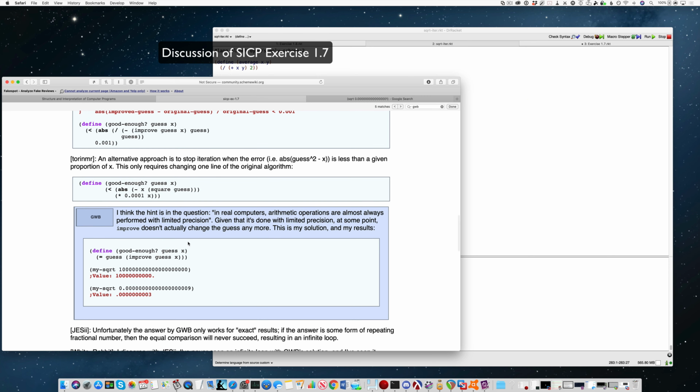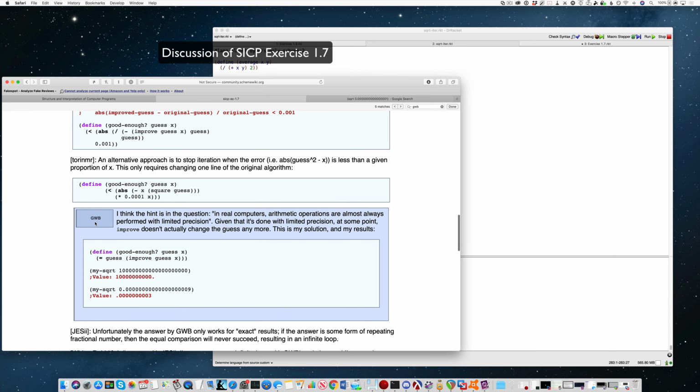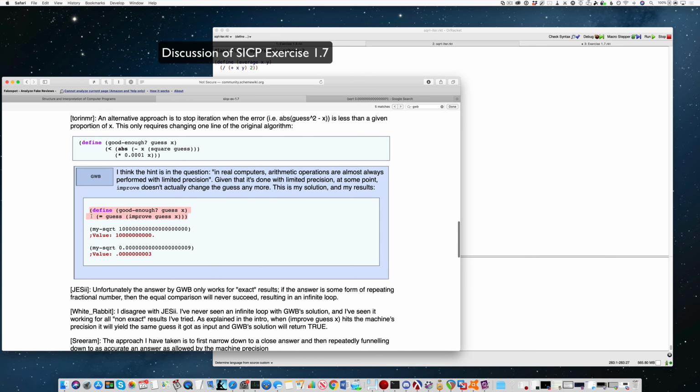So putting it in terms of what I was doing earlier, if the amount of change between improved guess and guess is 0, then that's what this definition of good enough is.